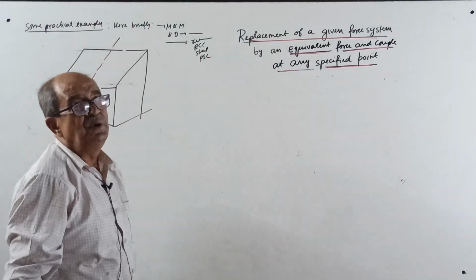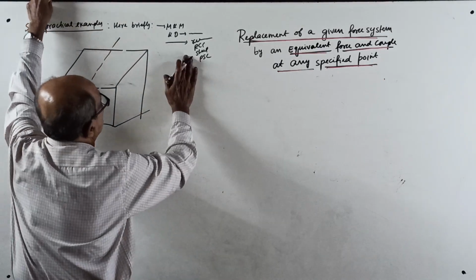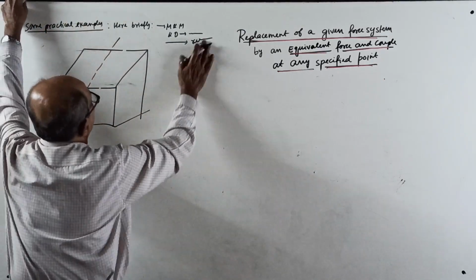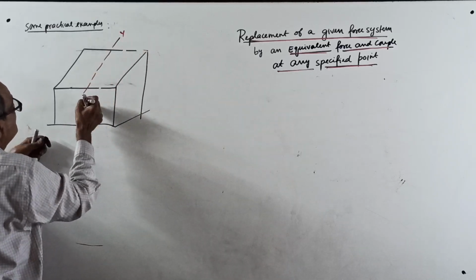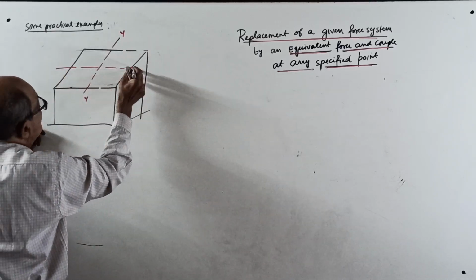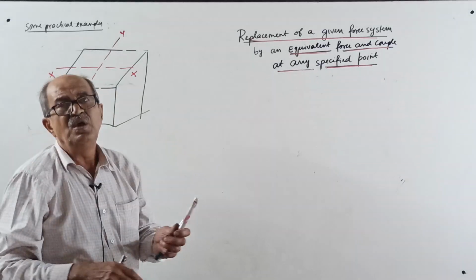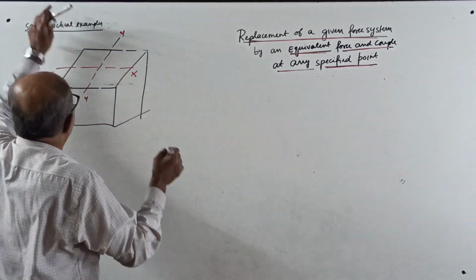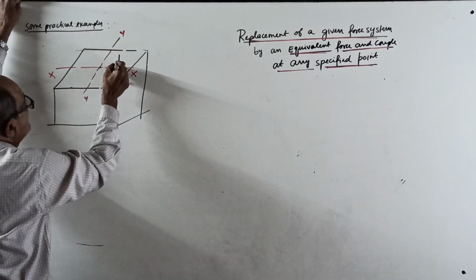It will be given later. Right now, briefly. Imagine this is the YY axis. Remember, this is the XX axis in the cross section. This is for structural engineering. Now, imagine a vertical load P is acting here.